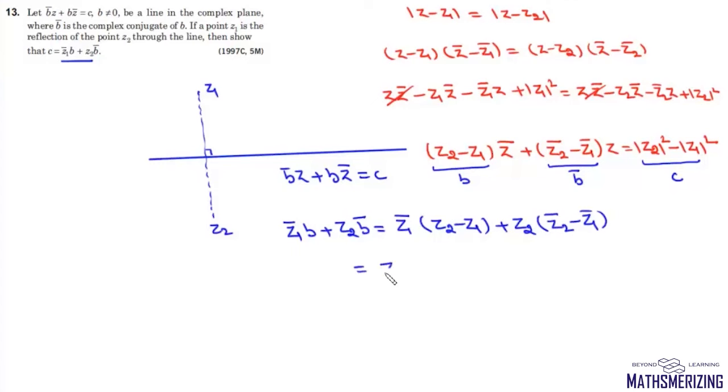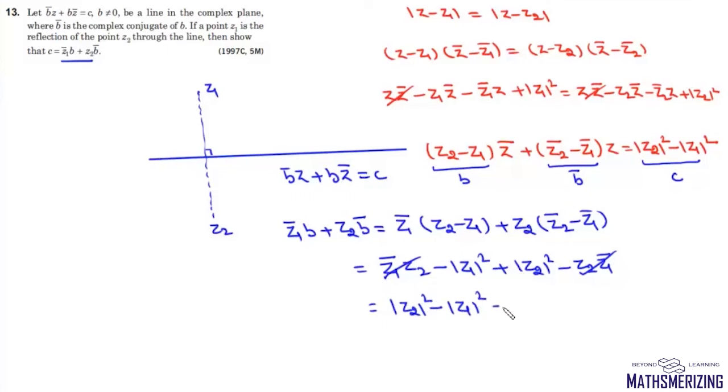So it will be Z1 bar Z2 minus mod of Z1 square plus mod of Z2 square minus Z2 into Z1 bar. Now this will cancel. We get this as mod of Z2 square minus mod of Z1 square, which is nothing but C.